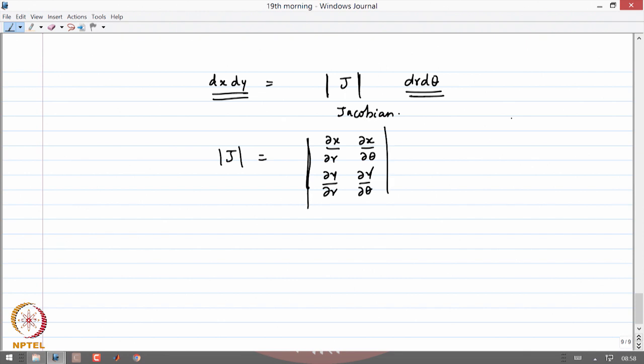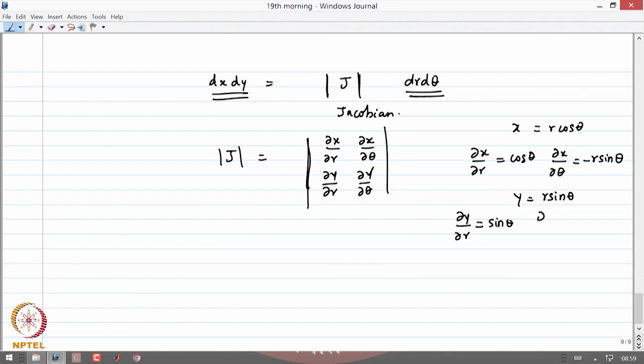These derivatives are already known, because x is equal to r cos theta. Therefore, dou x by dou r is cos theta, and dou x by dou theta is minus r sin theta.